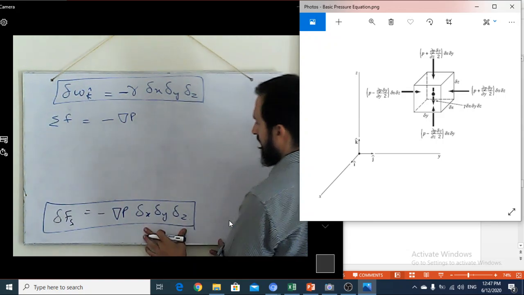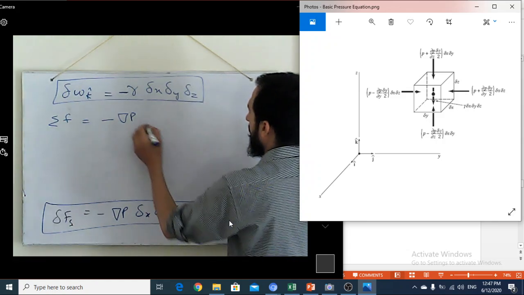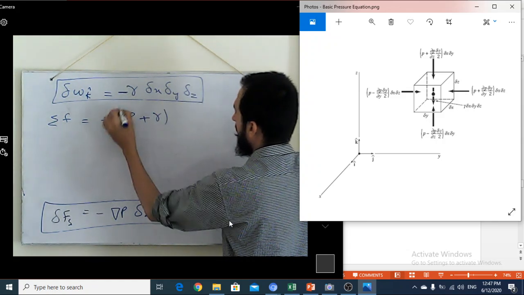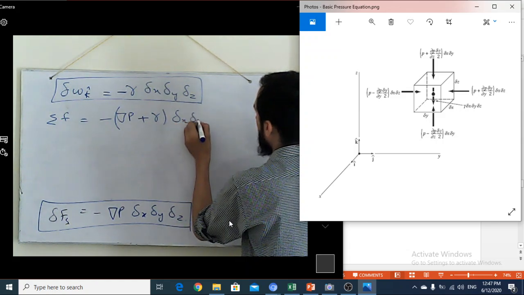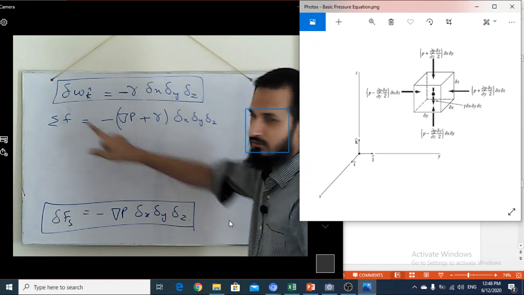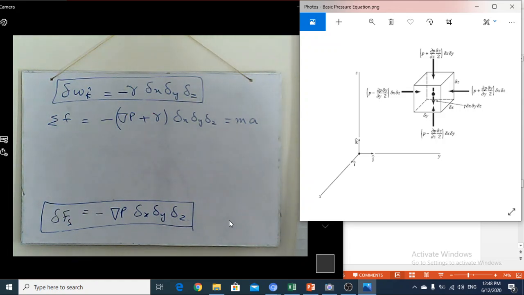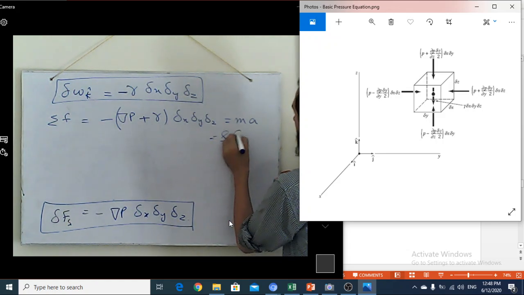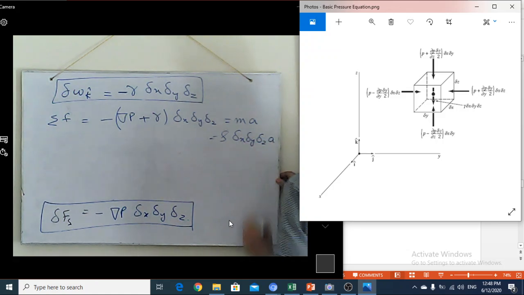All these Δx, Δy and Δz are common in both these things. So what we will do is we will common out these factors. On the other hand, we have F, which is equals to M and A. Then we have to put density and Δx, Δy and Δz with acceleration.